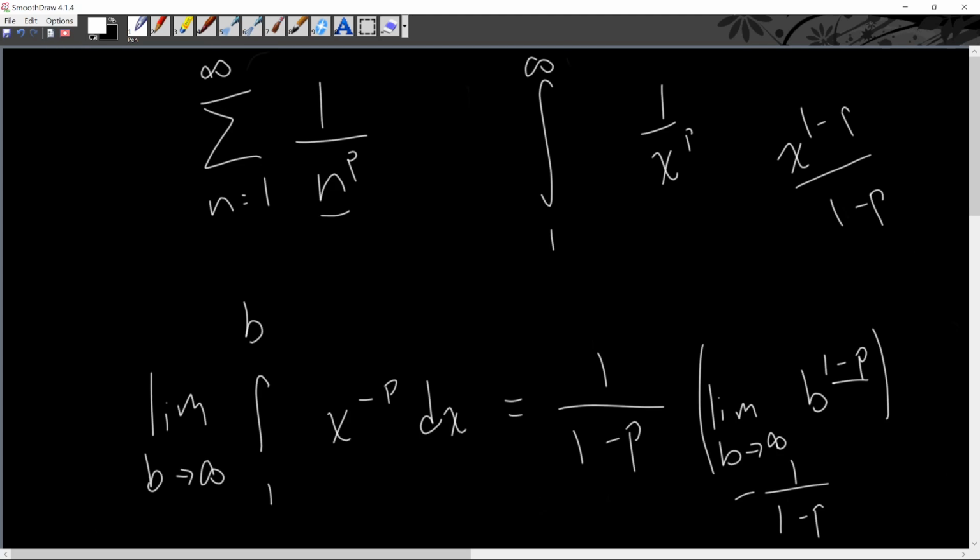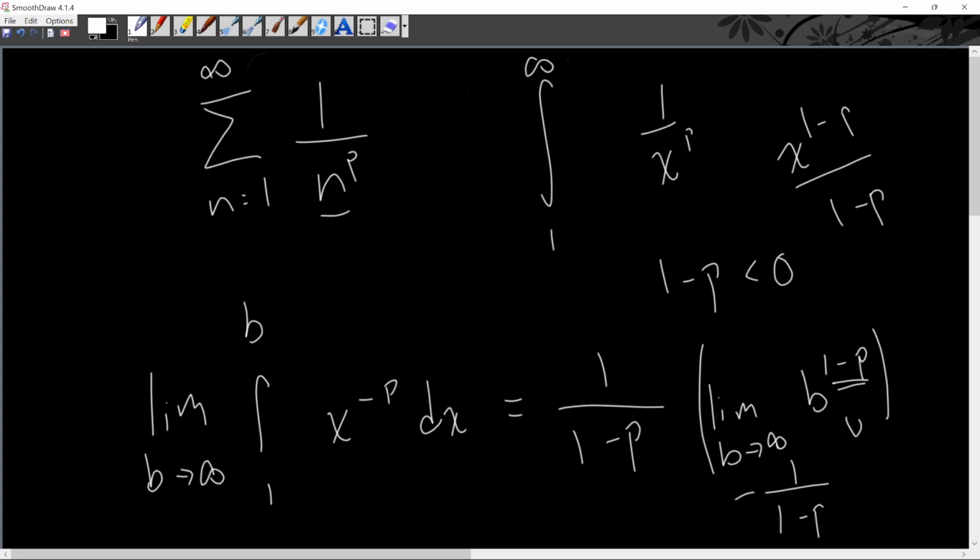So if 1 minus p is less than 0, we say that this is converging. This is 1 over b to some power, because this will be negative. And if we have 1 over b to some power, we will converge to 0, or to some real value.